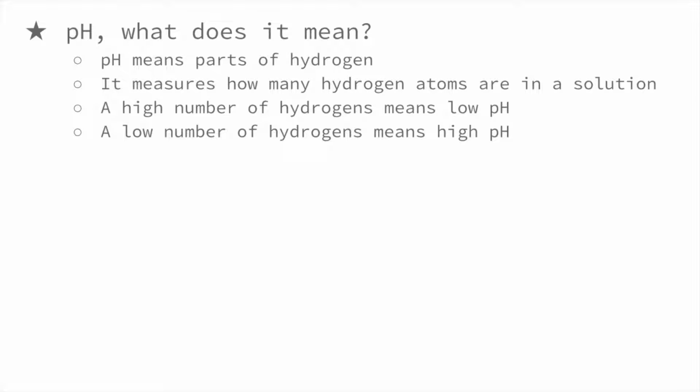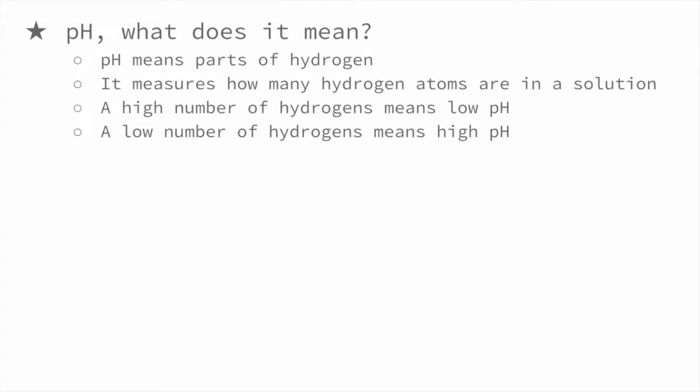A high number of hydrogen atoms means a low pH. Okay, so if we're given a concentration of a solution and it has a larger number of hydrogens, then we're going to have a low pH. When we have a lower pH, that means it's going to be more acidic.